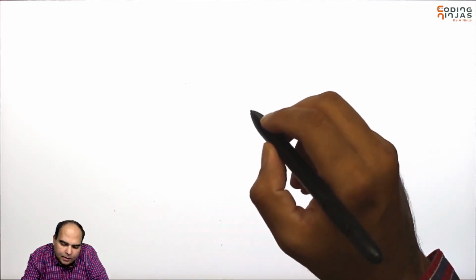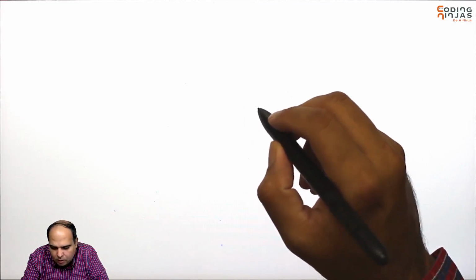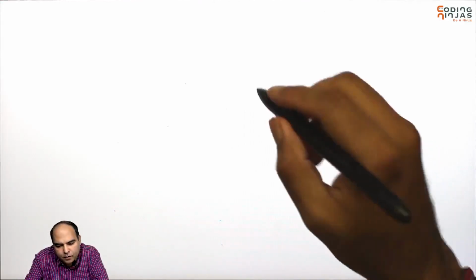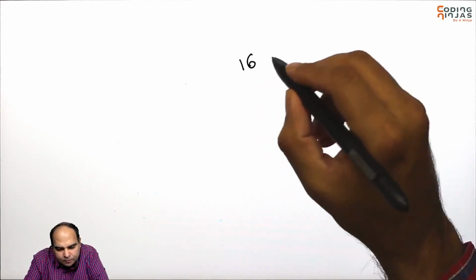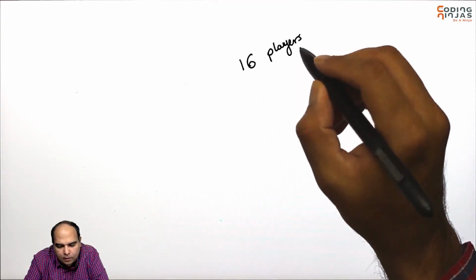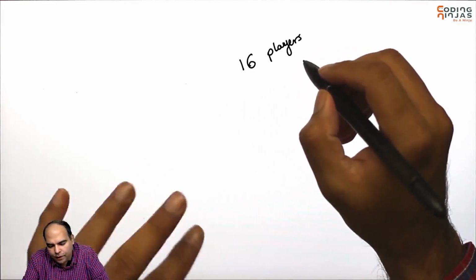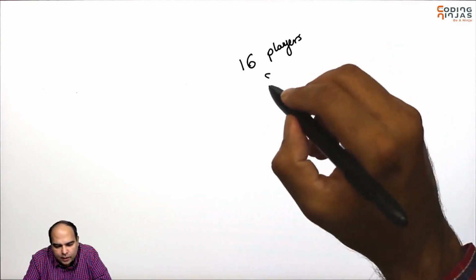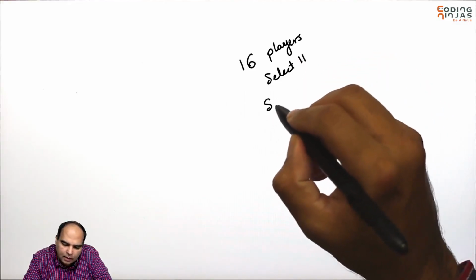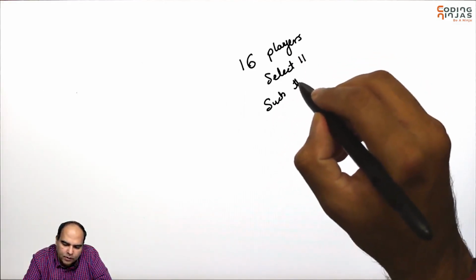Let's say you are given a situation where you have 16 players in a cricket team, and you are trying to select 11, such that the captain is always selected.